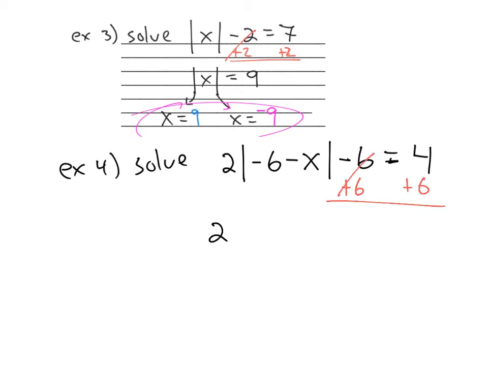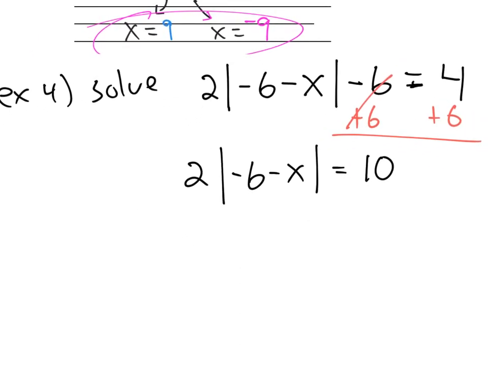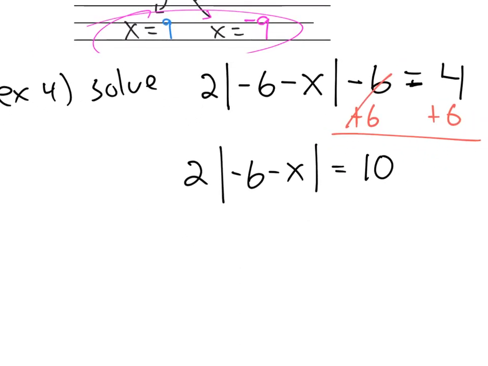So now we'll have 2 times the absolute value of negative 6 minus x equals 10. Now this is where you could easily make a mistake. A lot of you want to distribute, huh? But remember the rule, don't change the inside.